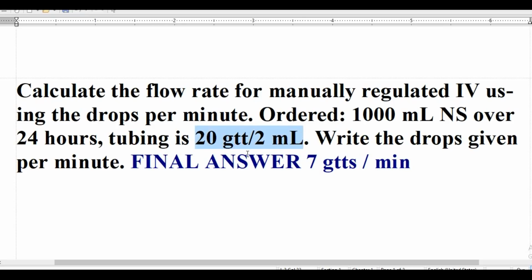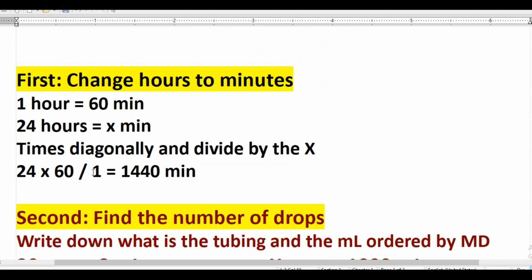Alright, so by now you should know, what do you do first? You change 24 hours to minutes. So let's do that. 24 times 60 is 1,440.